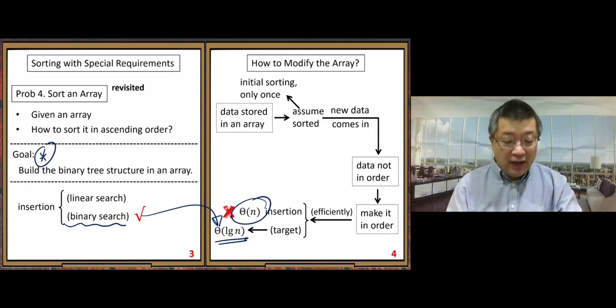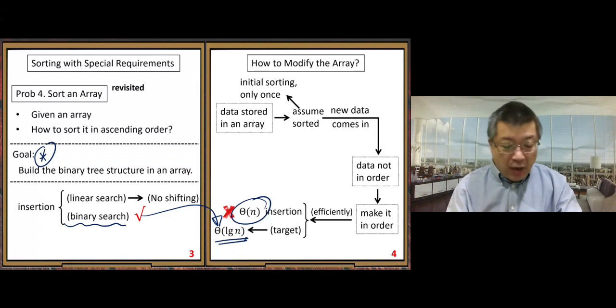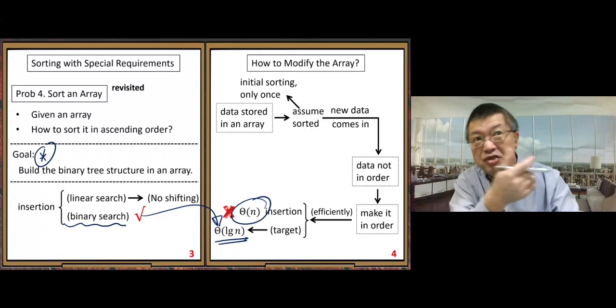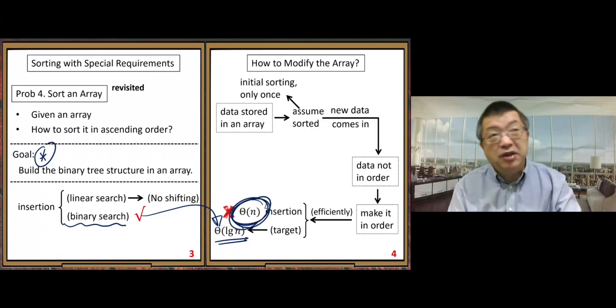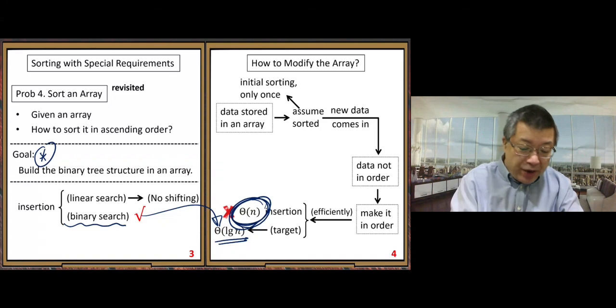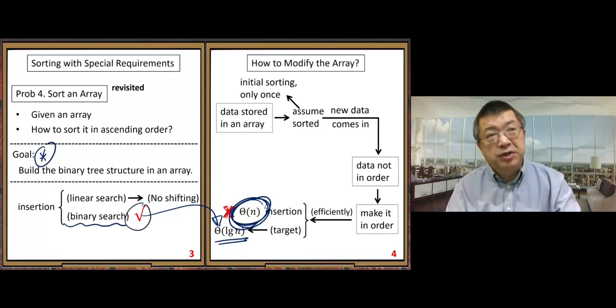Another thing: no shifting operation. In our linear search, after we find the location, we need to do a lot of shifting operations, big theta of n shifting. That is very expensive. In our new way, we do the binary search based insertion.